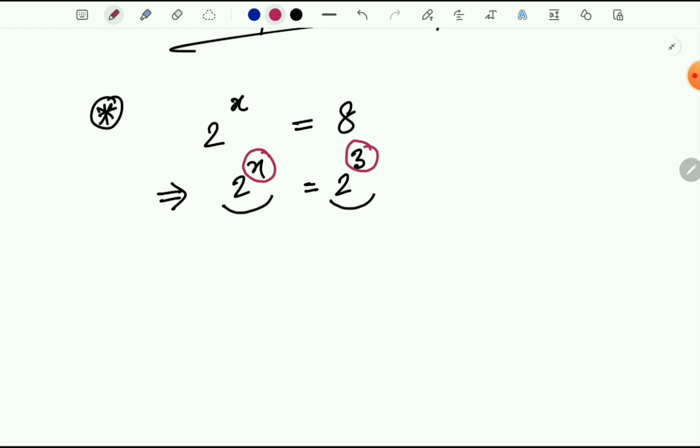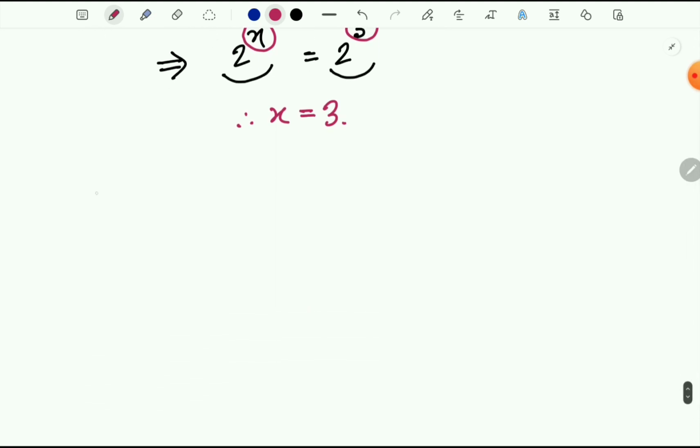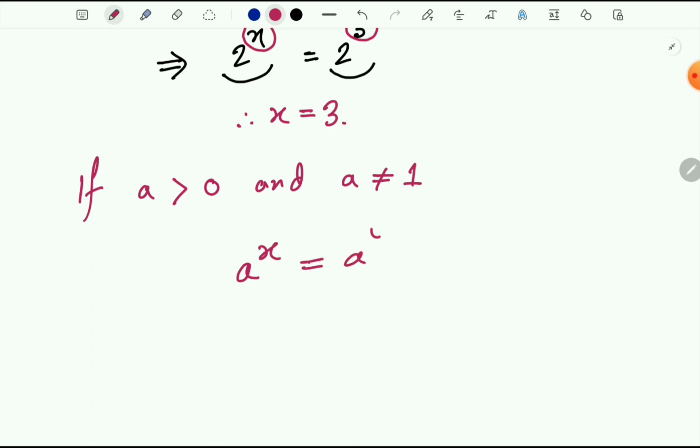So there is a general formula we can write. If a is greater than 0 and a is not equal to 1, this is a property of the base, we can simply write if a power x equal to a power y, then x equal to y.